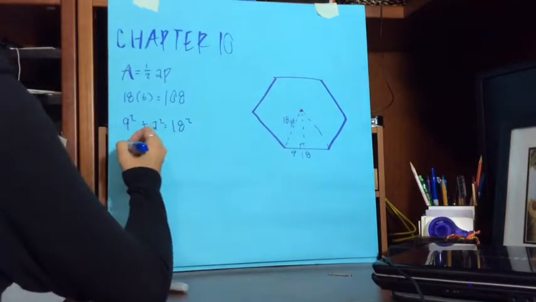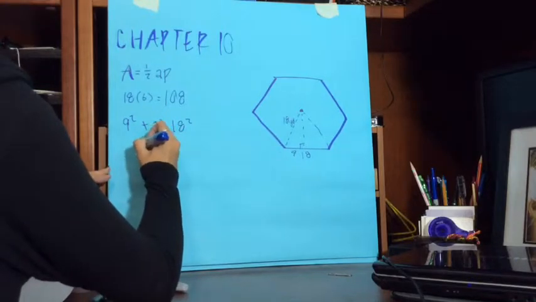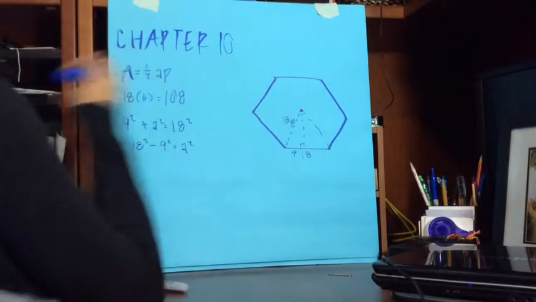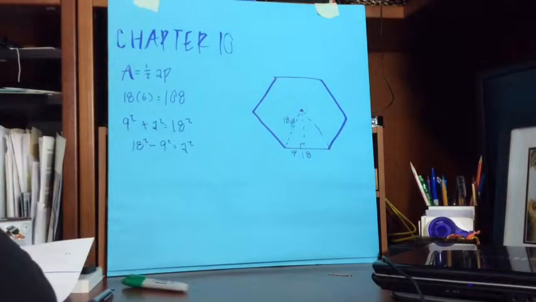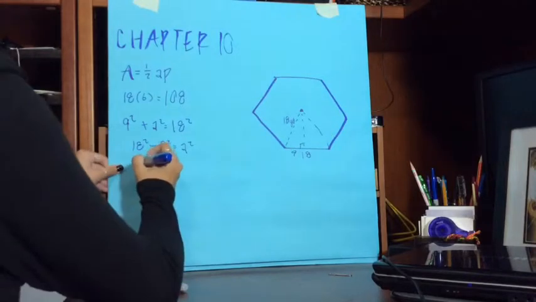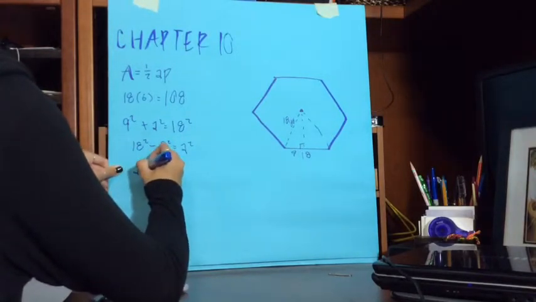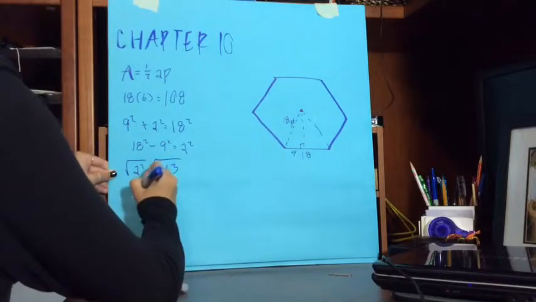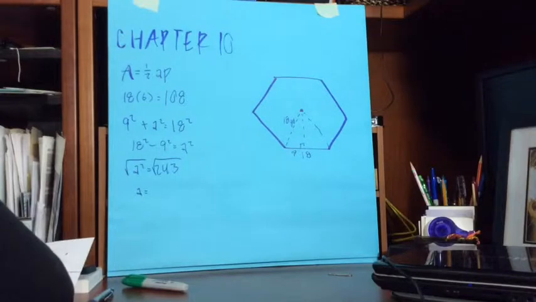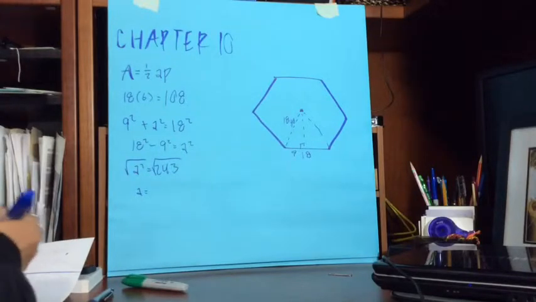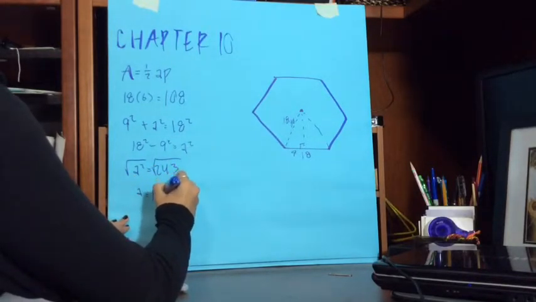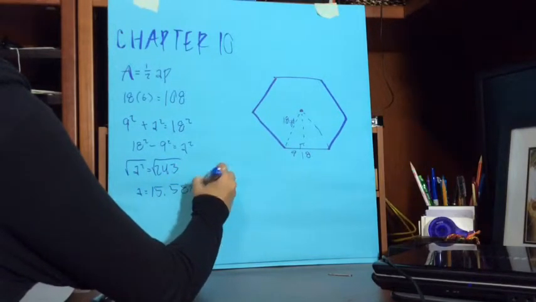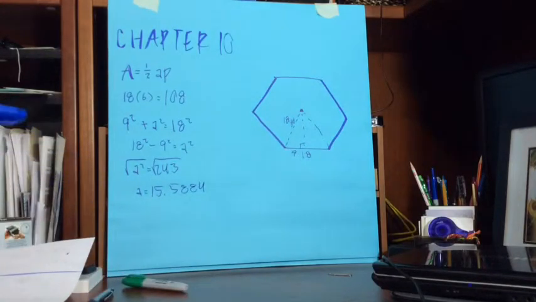So you can subtract: 18 squared minus 9 squared is equal to a squared. You can plug this into your calculator to get 243. Square root this, and the apothem is equal to 15.5884. You're going to want to keep that number in your calculator if you want to get an accurate answer.